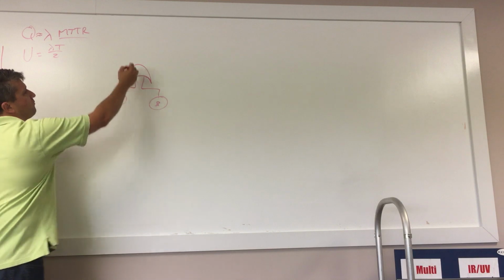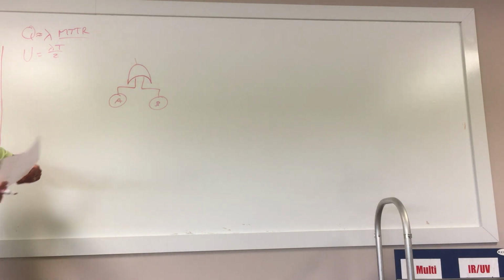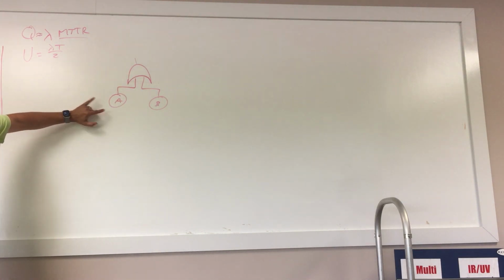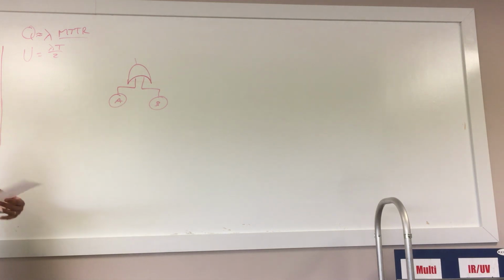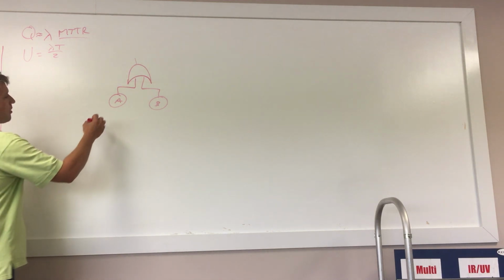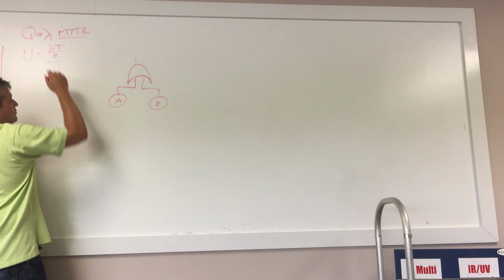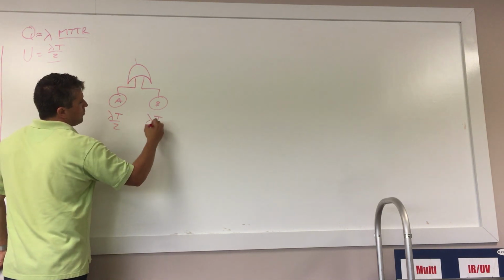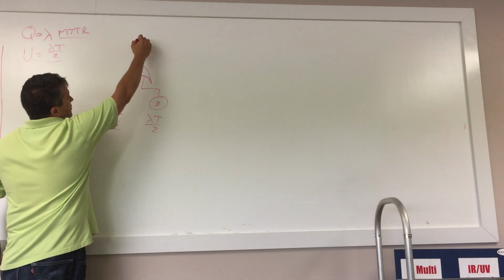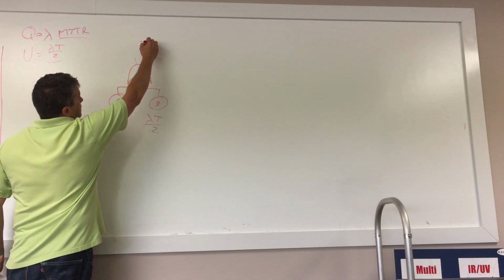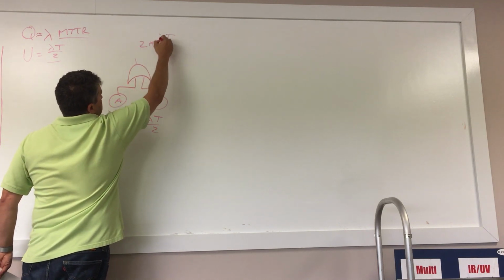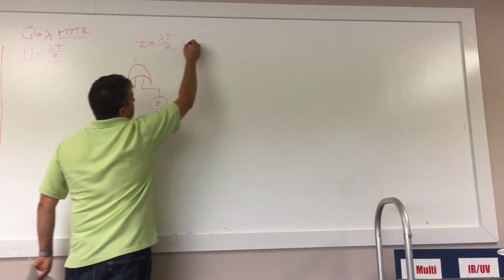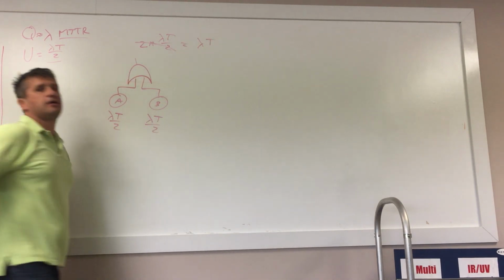The system will fail if either the A gate fails or the B gate fails. And I'll go back to my average unreliability of lambda t over 2, lambda t over 2, which is going to result in 2 times lambda t over 2. Cross those out, and I've got lambda t.